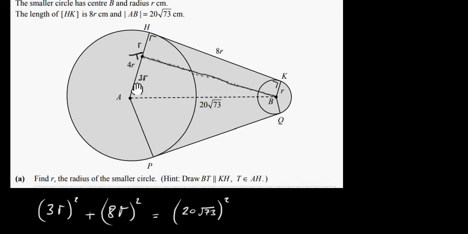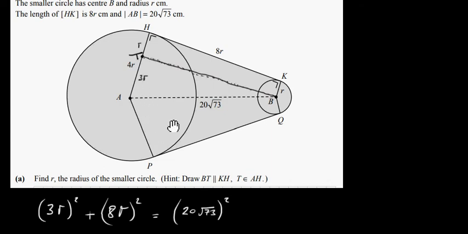So if I find the tan inverse of 8r over 3r, that will give me this angle here in triangle ATB. I just need to double it then, and that will give me this angle, HAP.